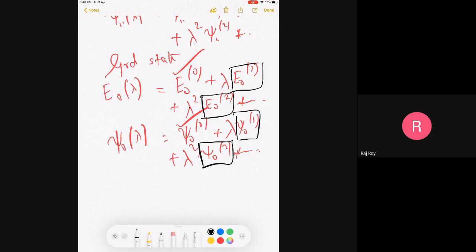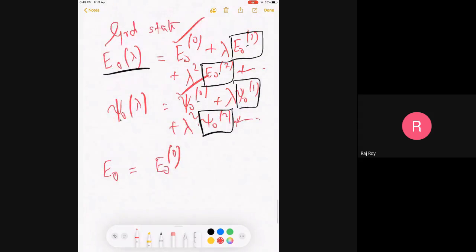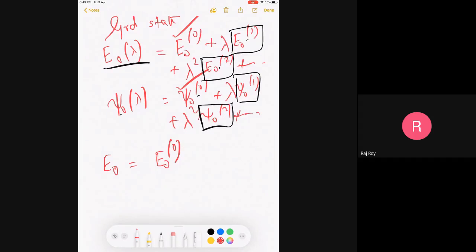So for the ground state, physical Hamiltonian, my exact E0 will become E0,0 plus E0,1 plus E0,2, etc. Psi 0 will become psi 0,0 plus psi 0,1 plus psi 0,2, etc. So finally my E0 will become E0,0. Here I did not write E0, I wrote E0 lambda. But now I'm putting lambda equal to 1. So here everything will drop out.